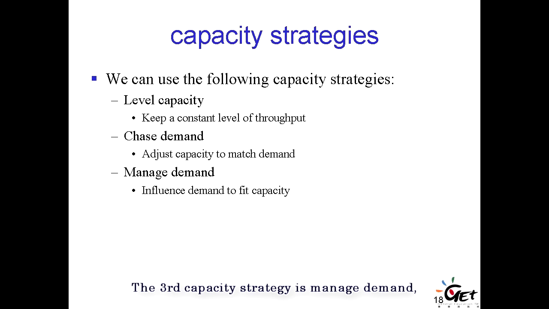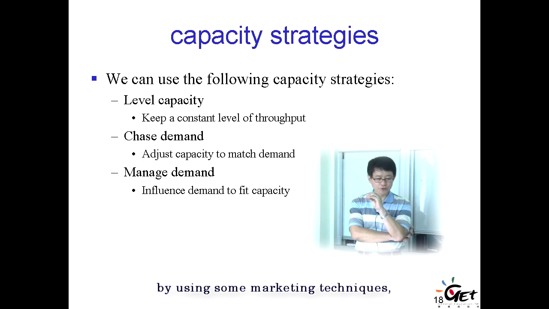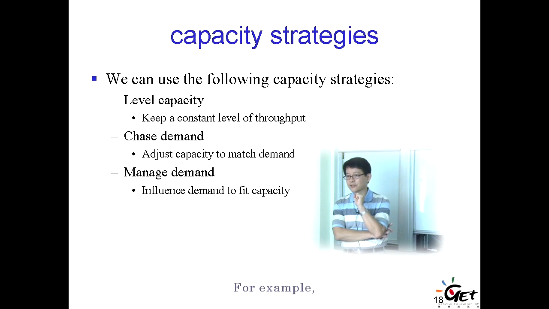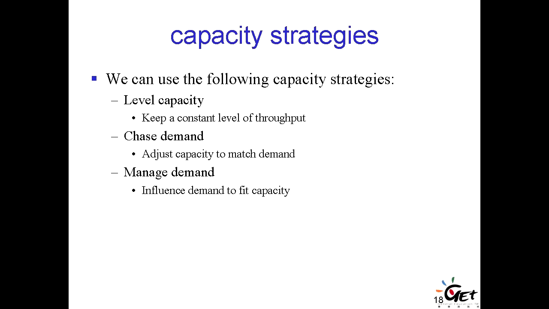Okay. And the third capacity strategy is manage demand. That means we try to influence the demand by using some marketing techniques, marketing tools. For example, you can do some differentiated pricing: in the peak hours or peak time, you raise the price.